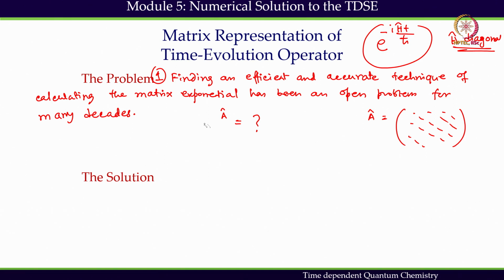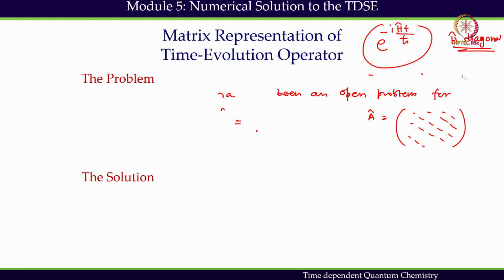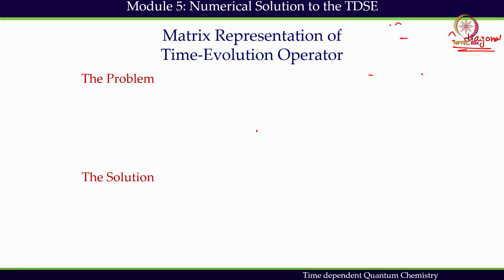We all know that the Hamiltonian is a sum of kinetic energy and potential energy terms. So, we have to individually check whether, so problem number 2, is that the time evolution operator contains the Hamiltonian operator, e to the power minus i, and this is the Hamiltonian operator.